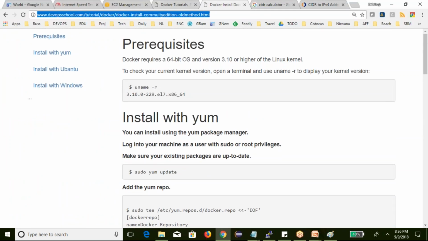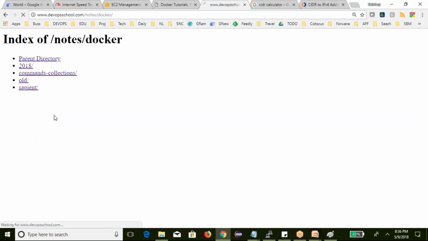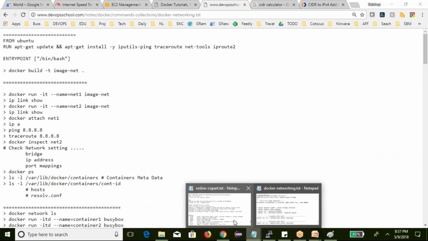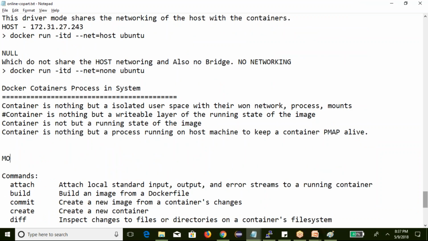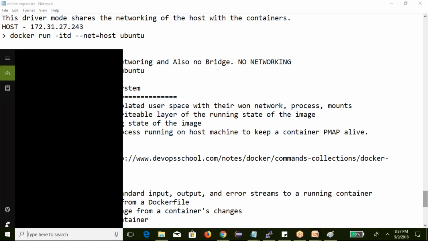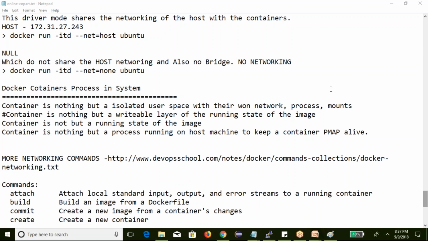The rest we will do later. So now I'm going to share one more set of notes. The notes are already with you, but there's one more I would like to share, which has multiple networking commands, and this is the one. More networking commands to try out the Docker scenarios here. Now I'm going to push this up to the FTP, and you know where to get it. Anyways, I'll share that URL with you guys.